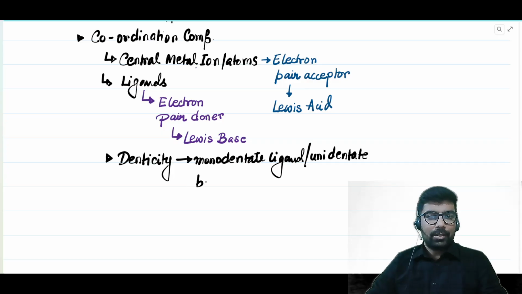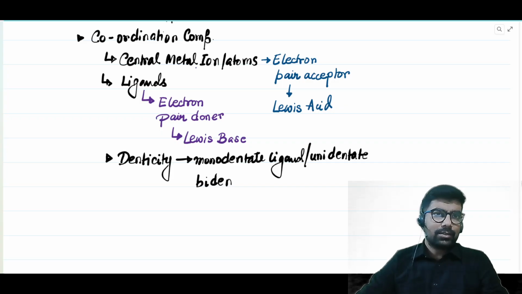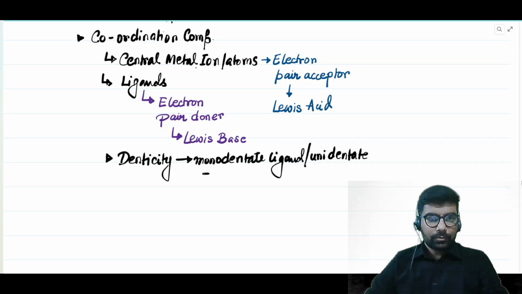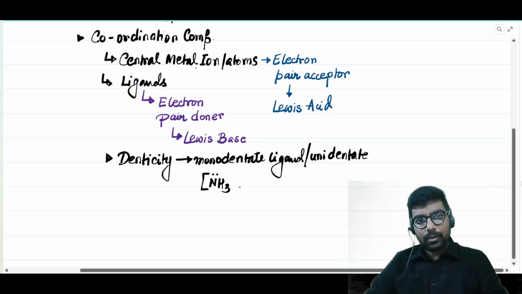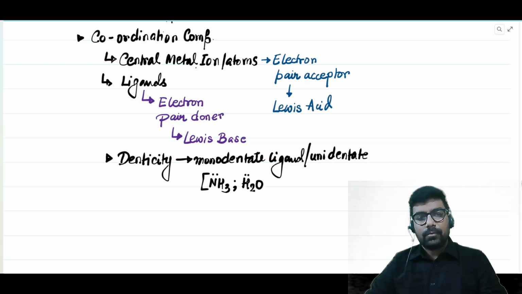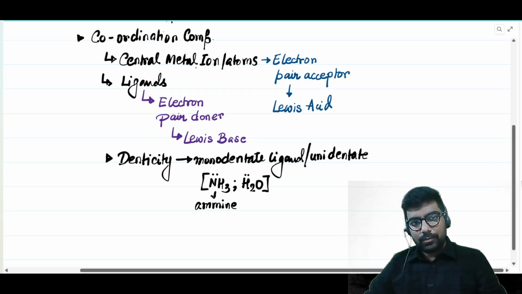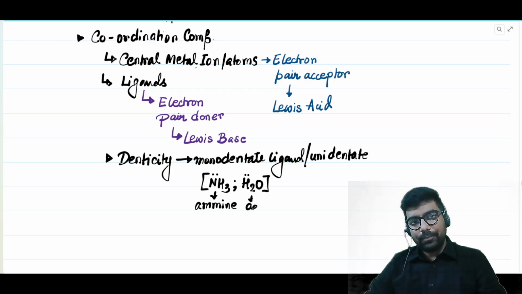Then we have bidentate ligands. First let me give you some examples of monodentate ligands that we discussed. We discussed ammonia and water, etc. Their names were ammine and aqua. If you remember, ammine is ammonia, and water was aqua.